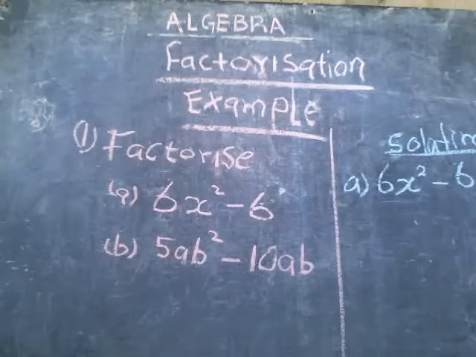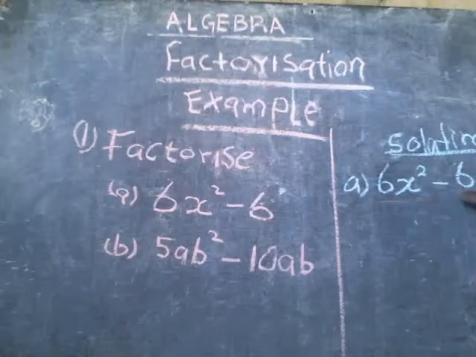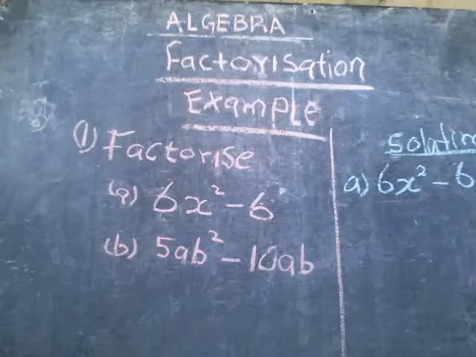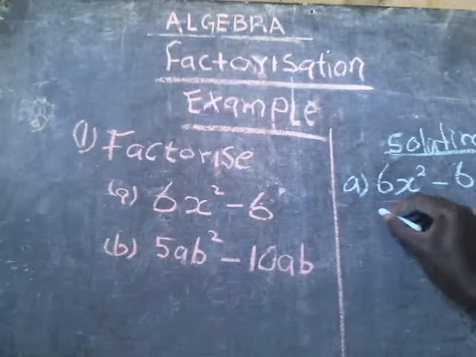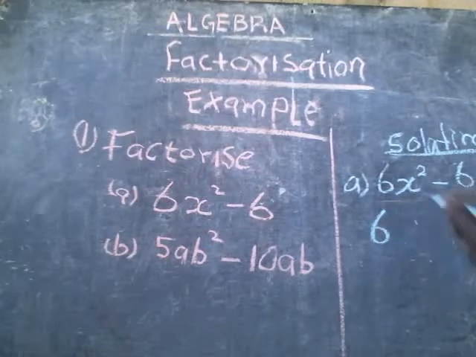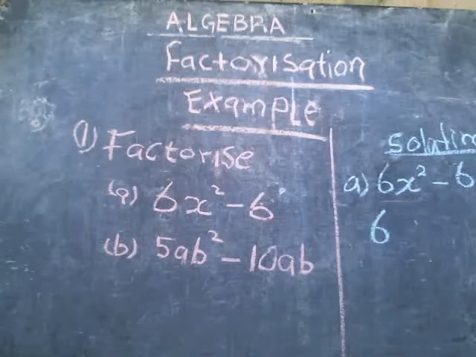So the first step is for you to find which number is common both there and there, or the letter which is common both there and there. So to begin with, what number is common there? From the look of things, 6 is the number which is common. So you write it down.